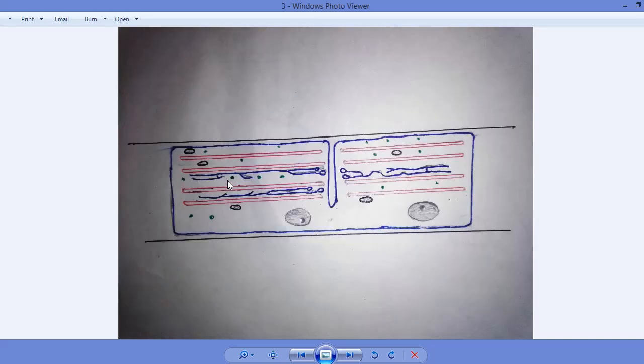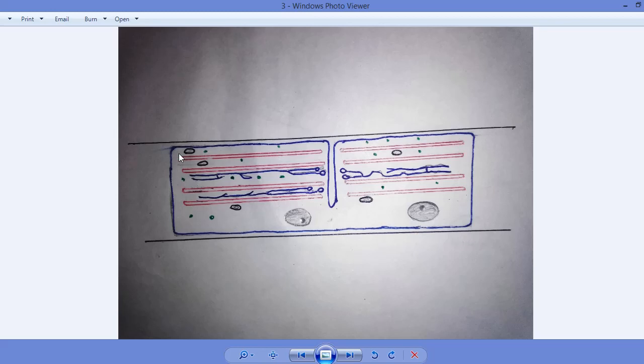Going to the next slide. In this slide, we can see that this black layer is actually the endomysium layer, and each endomysium layer contains the myocyte. This is the myocyte, the elongated muscle cell.